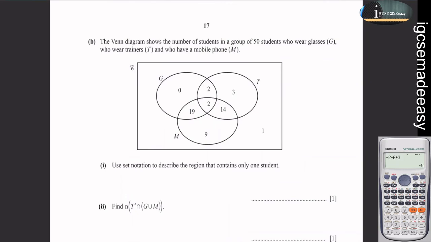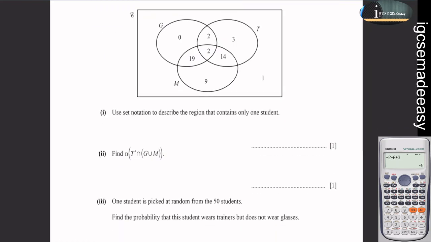Part B. In this we have to describe the region that contains only one student. So the one student region is this one. So this whole region we have to find out outside. These all are together, right? So we can exclude this one and write it like that. So how can we exclude that?